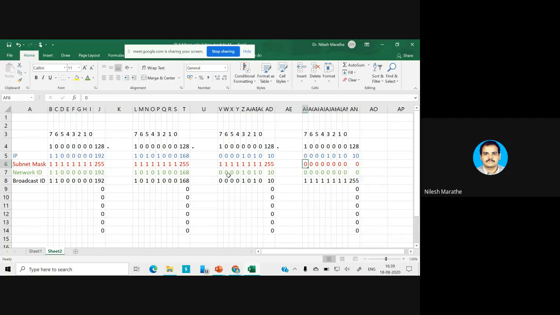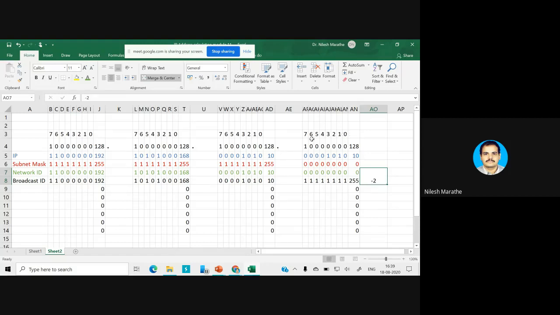So always remember, the network ID will be the first ID of that block, and the broadcast ID will be the last ID of that block. The number of host addresses available in that network or block will always be total minus 2, because these two are always considered as network ID and broadcast ID.